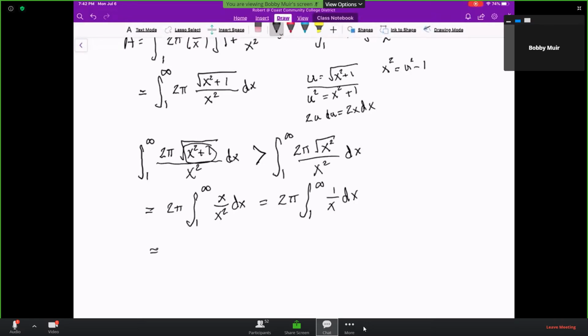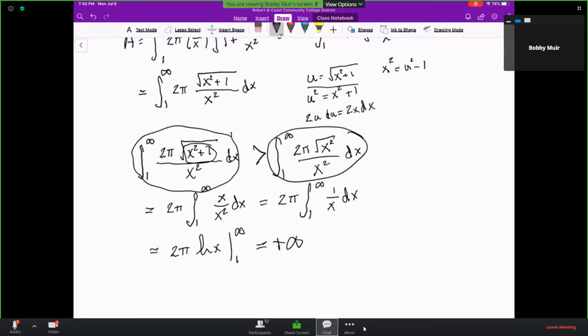Now, this is one of the first improper integrals that we did. It's 2 pi, natural log of x, evaluated at 1 and infinity. This is plus infinity. It diverges. So the integral that we have is larger than this one, and this one is infinity. So that means this is infinity.